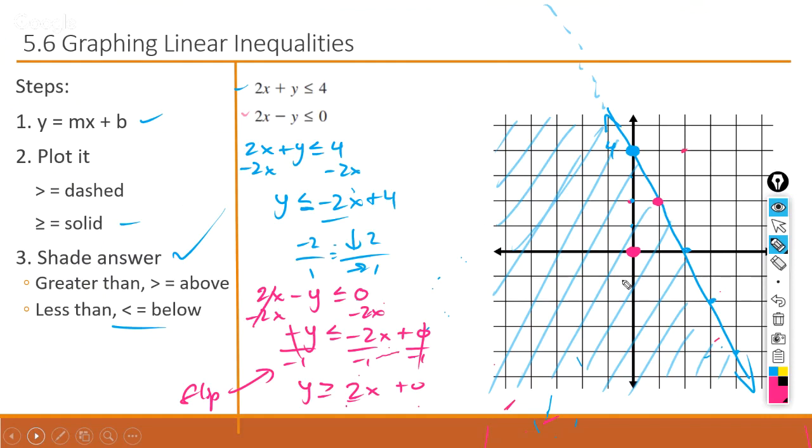So up 2, right 1, or you could do the opposite, down 2, left 1. You see they're on the same line. And it's solid because there's a line underneath. So solid line, nice and straight. And this one is greater than, so we shade above.